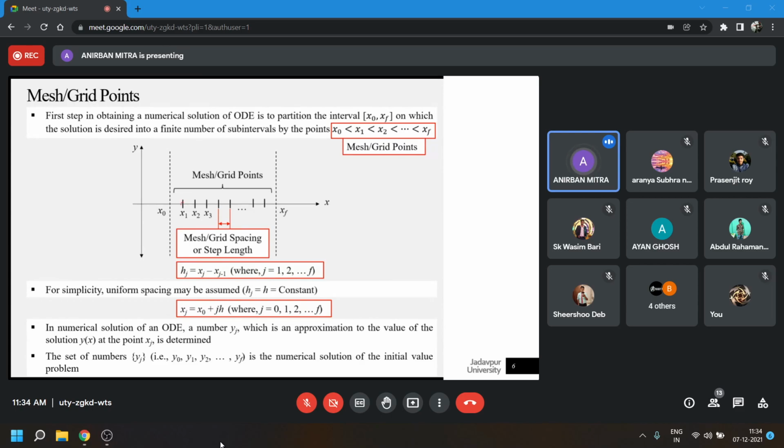So here at x1, somewhere around here, we will get y1. At x2, we'll get y2. At x3, some value will be obtained. Like that, starting with x0, of course, x0 is a given value. This is the initial point.